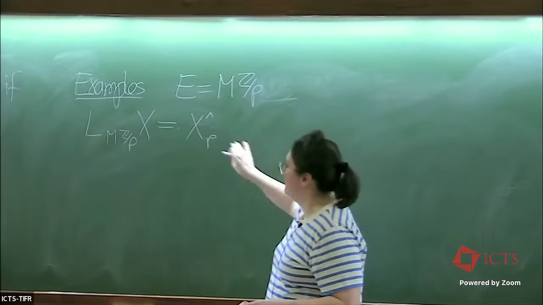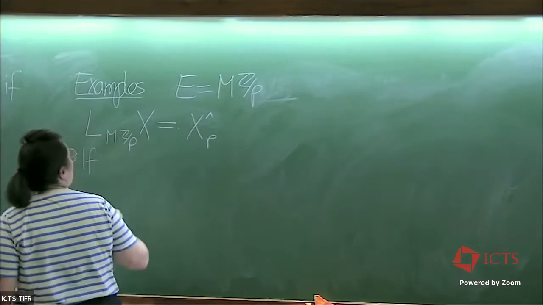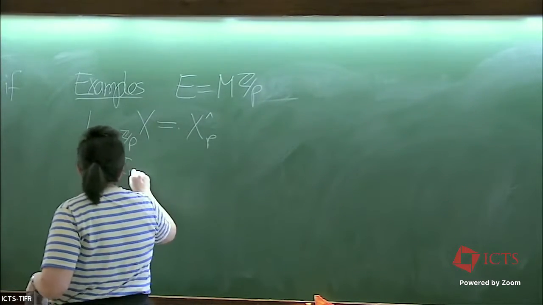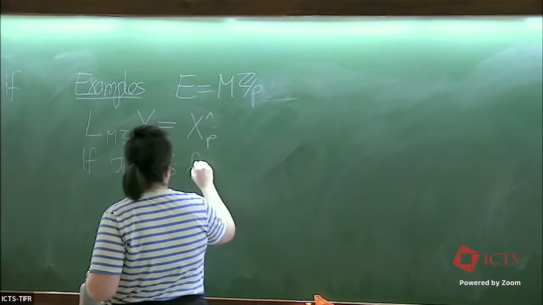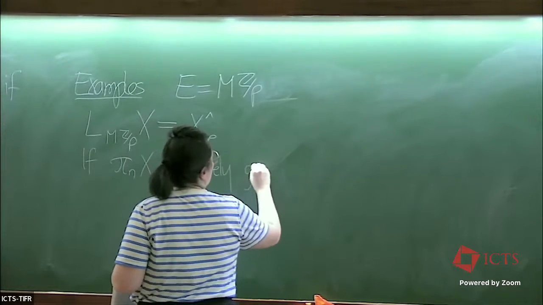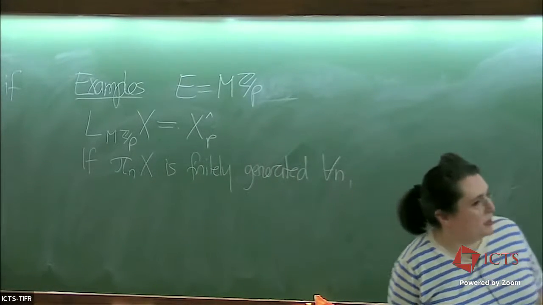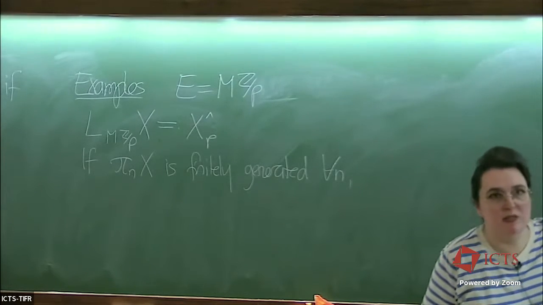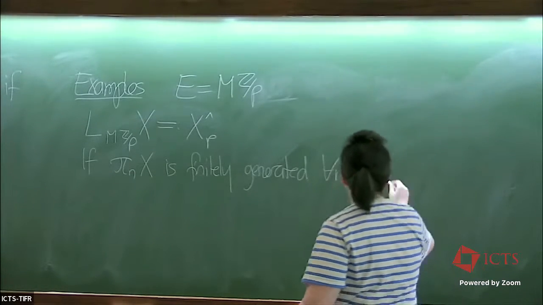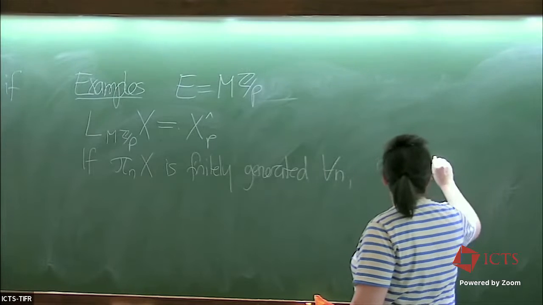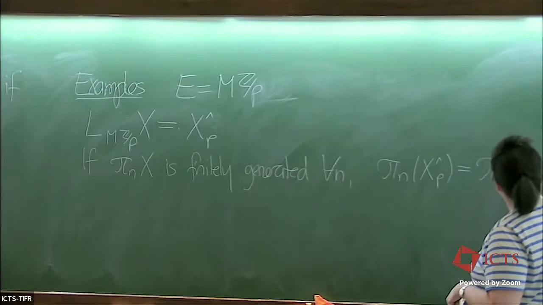Why would we call it that? So far, I've just defined something and not done anything. This is justified because if in each degree pi n of X is finitely generated, then you can use that short exact sequence in a very unsophisticated and brutal way to show that the homotopy groups of the P completion are in fact the P completions of the homotopy groups.